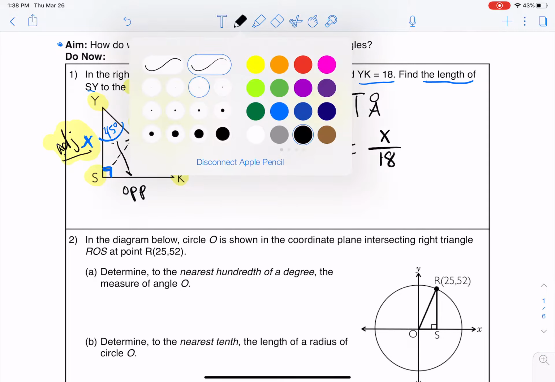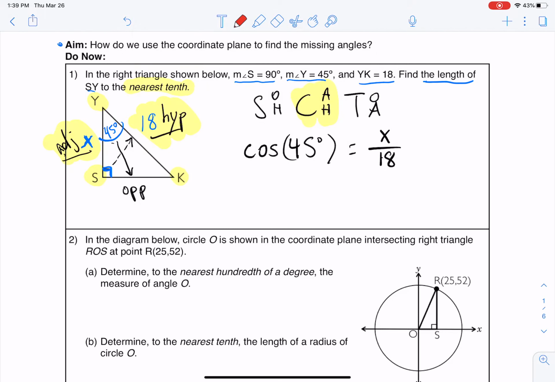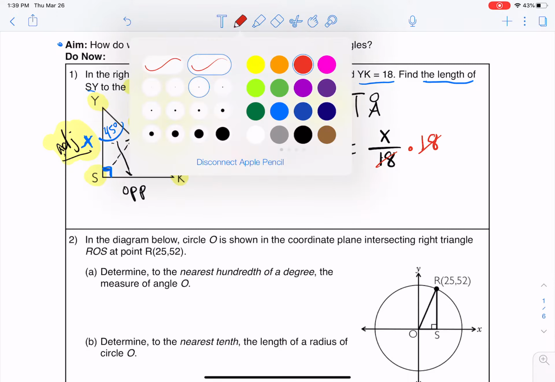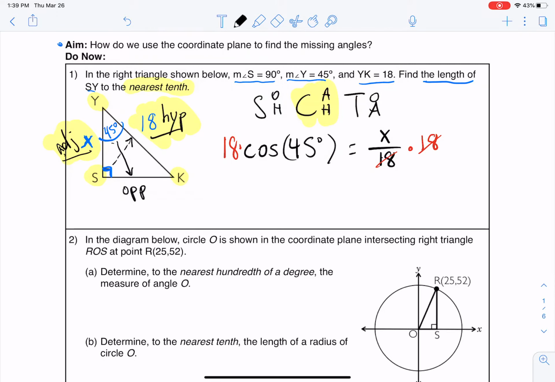So to get x by itself, I need to get rid of that dividing by 18. So I'm going to multiply by 18 on both sides. Cancel out the 18s on the right side. And what I'm left with is x equals 18 times cosine of 45 degrees.